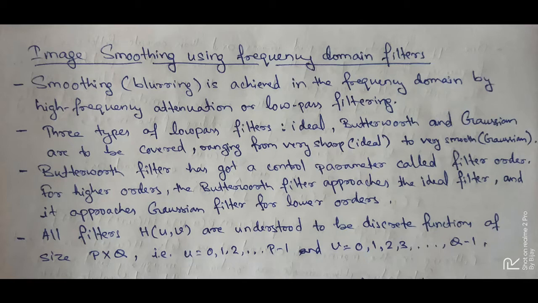So what will a low pass filter do? It will retain the slow changes of intensities, because they are represented by lower frequencies, and at the same time we will be trying to de-emphasize the sharp transition of intensities.